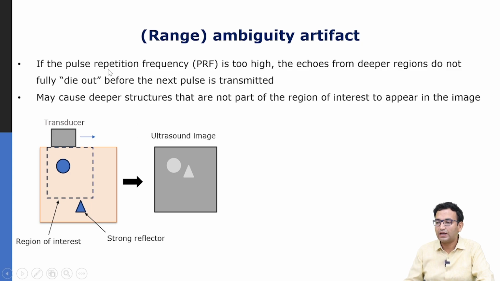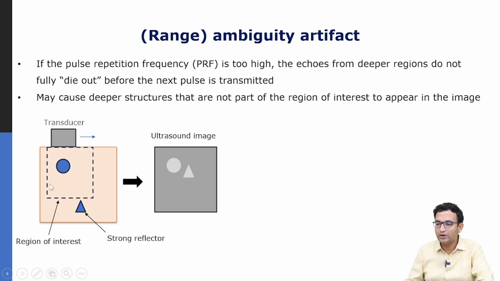Now, it turns out if the pulse repetition frequency is not chosen appropriately, and if it is too high, the echoes from deeper regions do not fully die out before the next pulse is transmitted. To give you an example, consider this transducer in gray here, and this structure in blue is our target, and these dotted lines depict the region of interest.